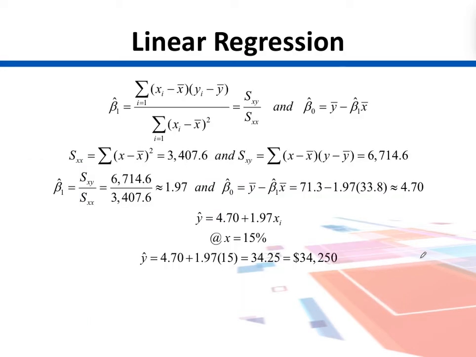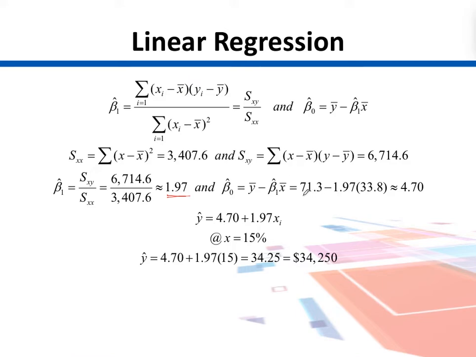Plug these numbers into these equations, and the slope we get is 1.97, and the intercept is y bar minus beta 1 hat times x bar.